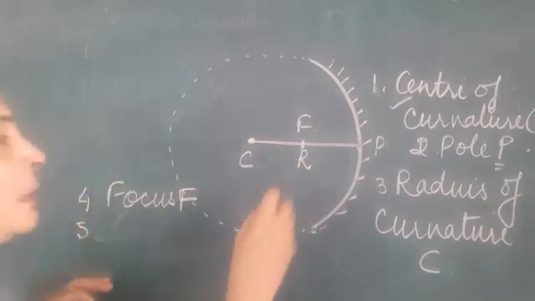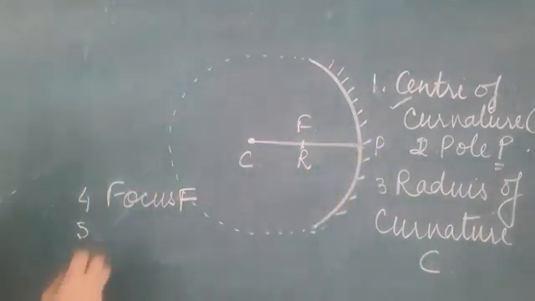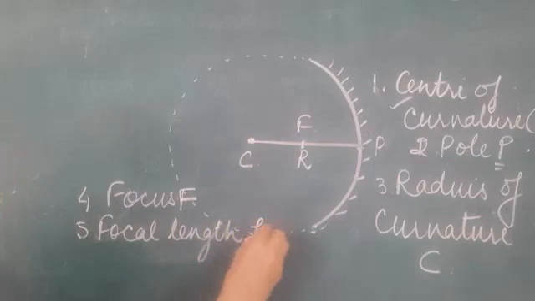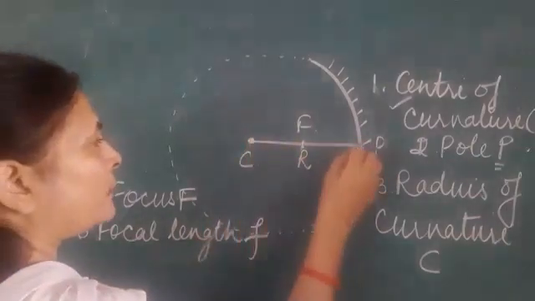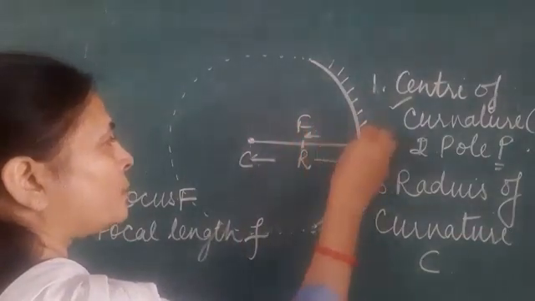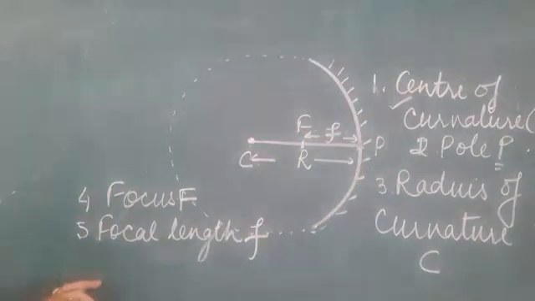The distance between focus and the pole is known as focal length, and is denoted by small f. So this distance from center of curvature to the pole is R, and from focus to the pole is small f.